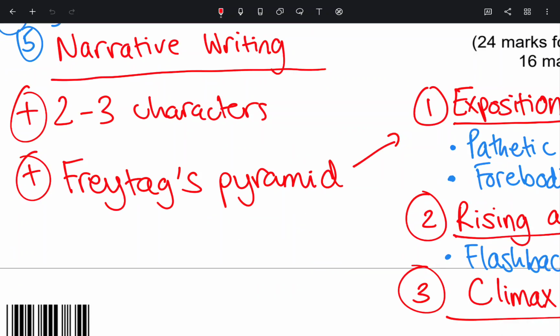And the last and final question is your question 5, the narrative writing, the descriptive writing task. So if you are wondering what the question is going to be, how can I prepare?